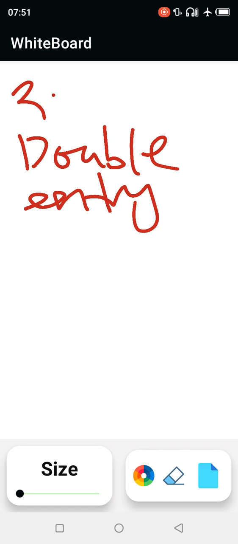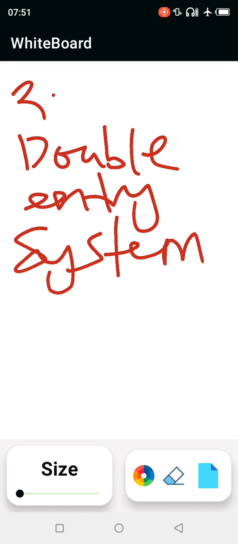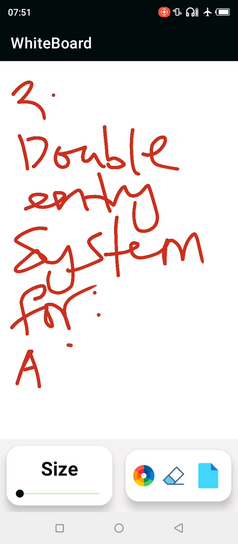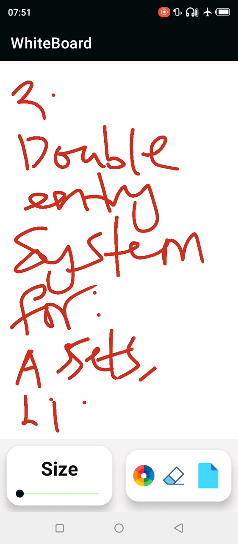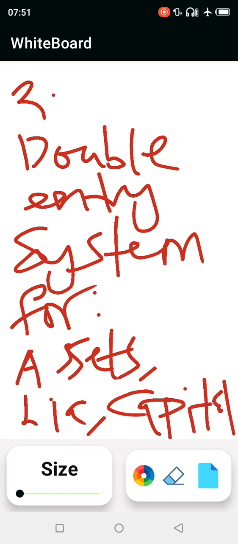Double entry system for assets, liability, as well as capital. Okay. So we'll be looking at a double entry system for assets, liabilities, and capital.